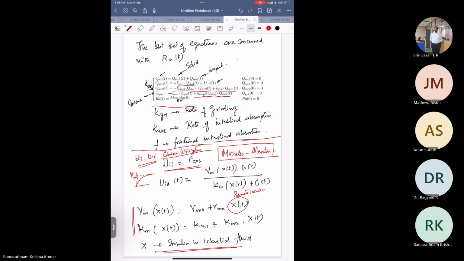So it is Michaelis-Menten. This is standard, and it can be used in any place that follows saturation kinetics. I've given you so many examples of Michaelis-Menten. Enzyme kinetics, 100%.